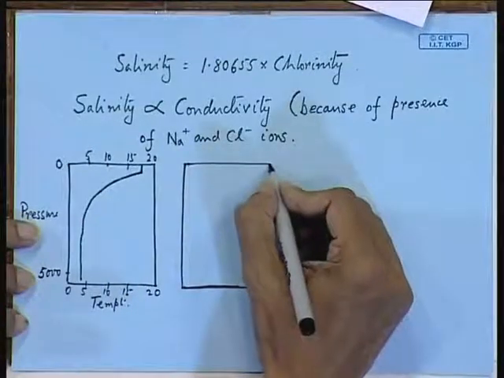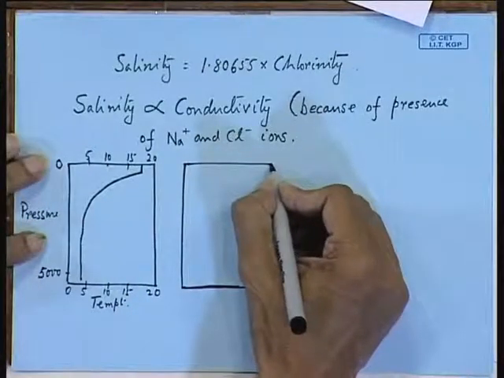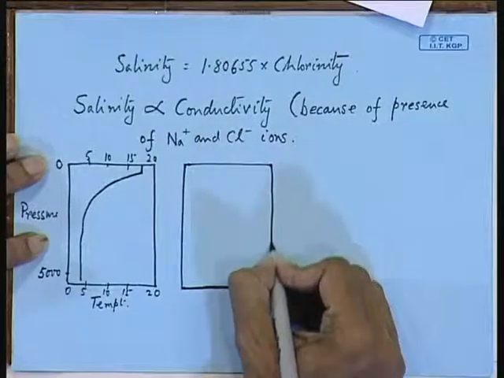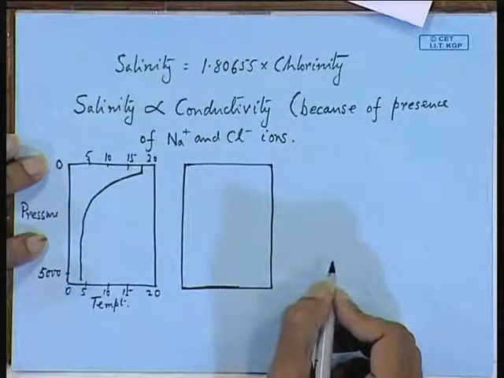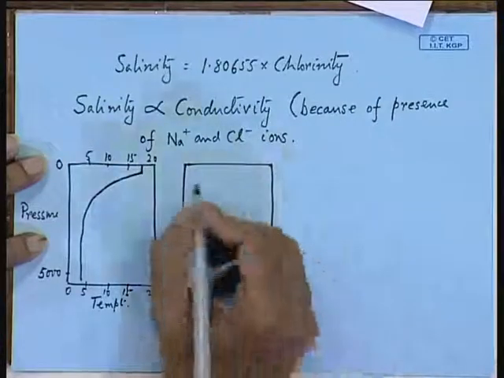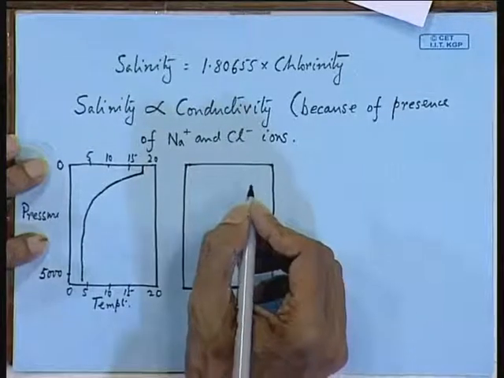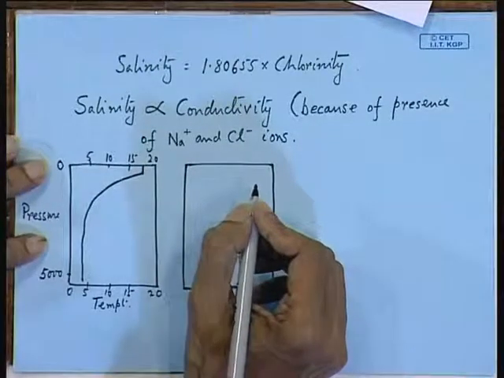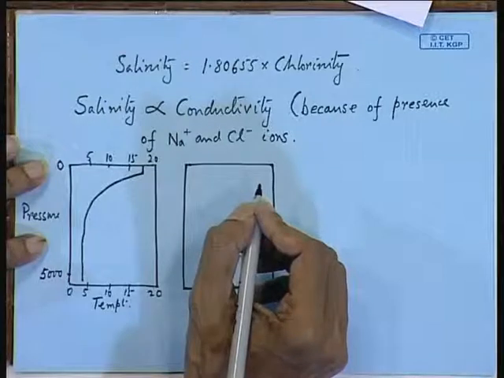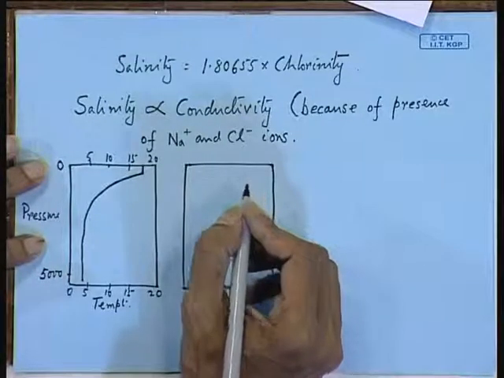Now, conductivity, the unit is inverse of your units of electrical resistance. So this varies on the conductivity variation scale. I think this is given with pressure.